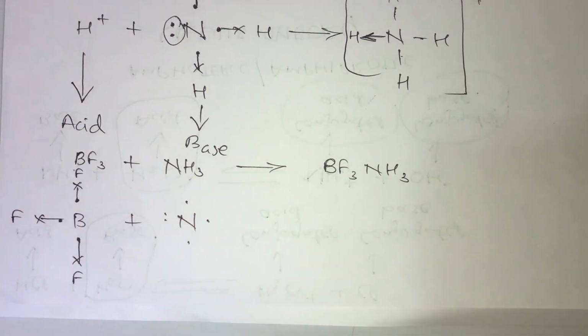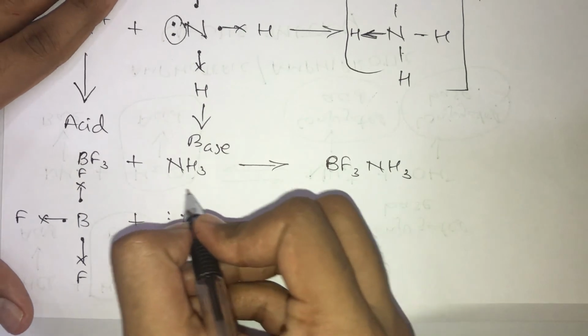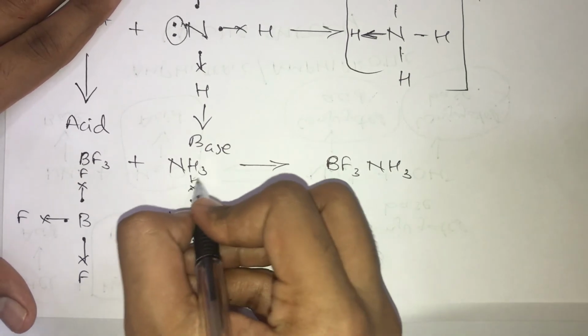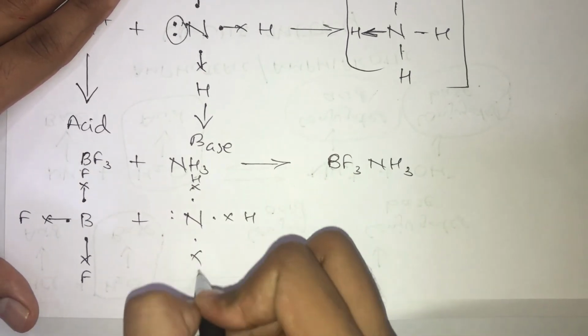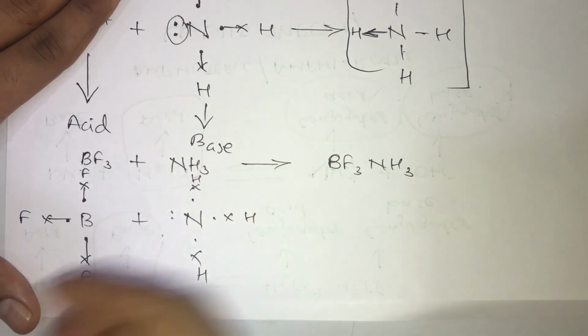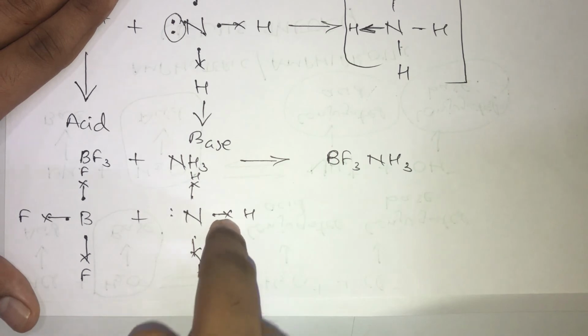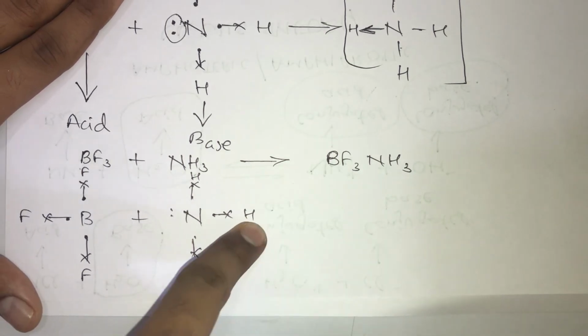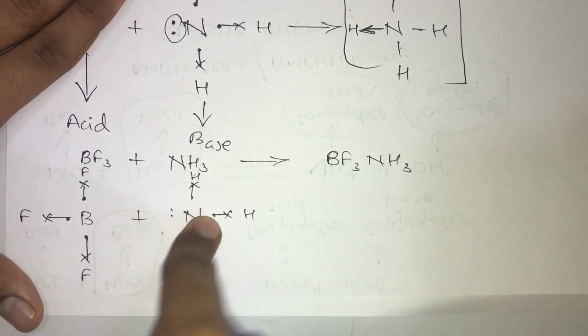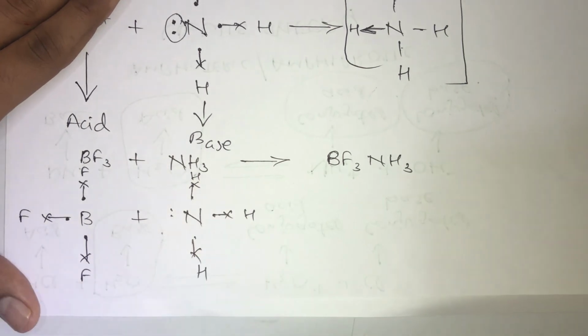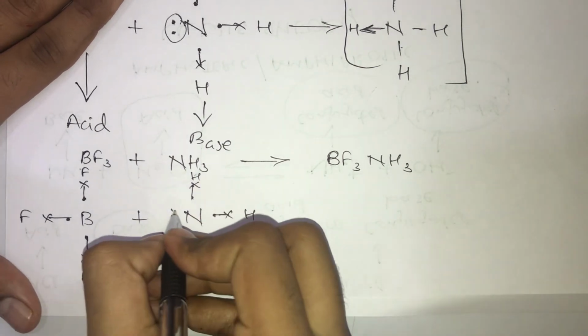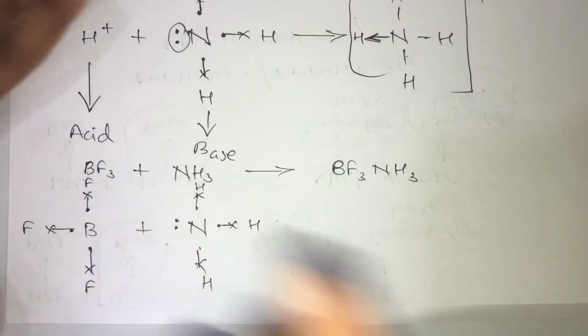Now it is going to combine with H and H, 3 hydrogens. Can you see over here? And it is going to form a bond. So here also, 1 electron is being shared by hydrogen and 1 electron is being shared by nitrogen in all 3 bonds. And it has 2 free electrons, an electron pair.